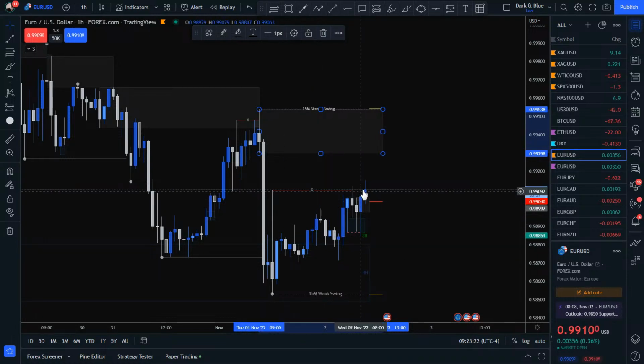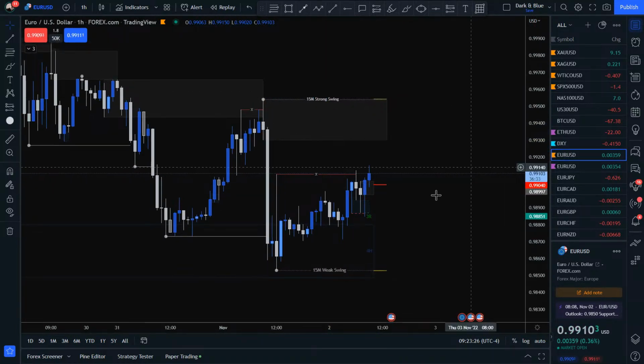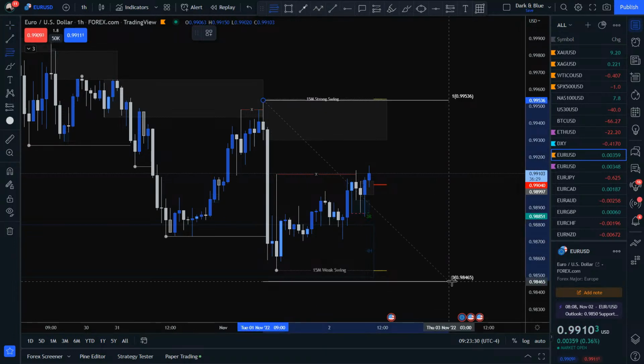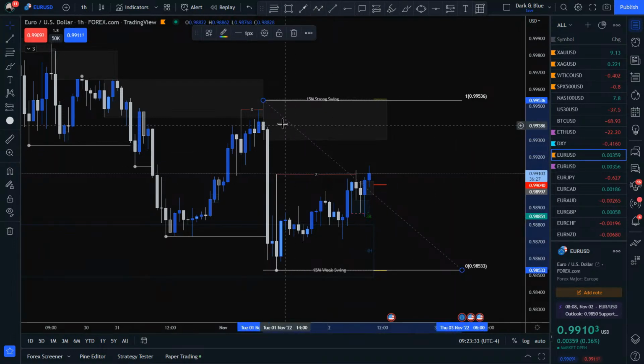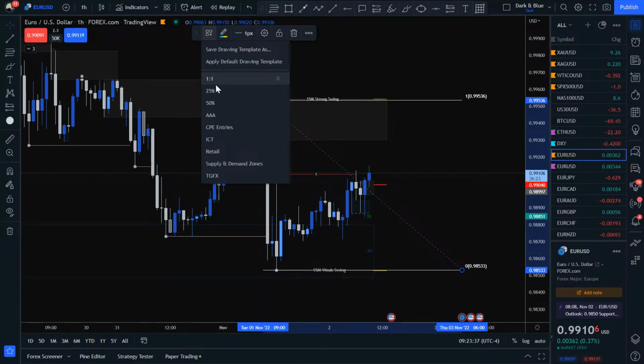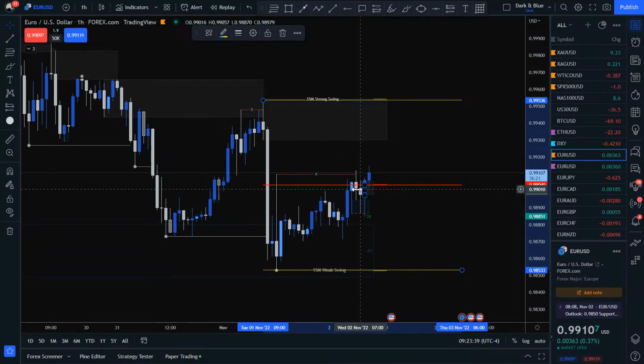We are filling that fair value gap. Doesn't mean we're going to make it all the way up here, but if you're looking at this trading range, right there, we are going up into premium price, and I would happily take a trade from this area.